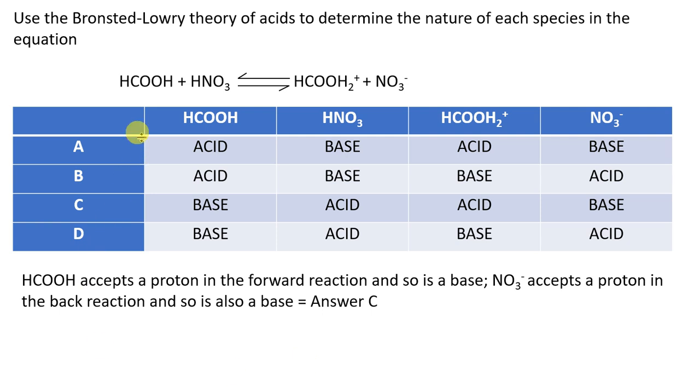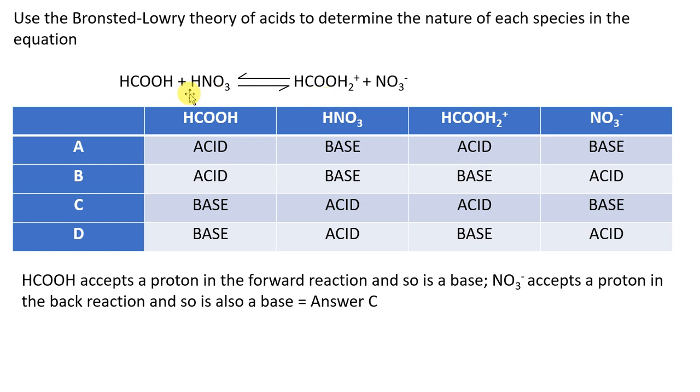Now, if one substance on the left is behaving as an acid, the other must be behaving as a base. I look at this HCOOH. It's accepting a hydrogen ion from HNO3.